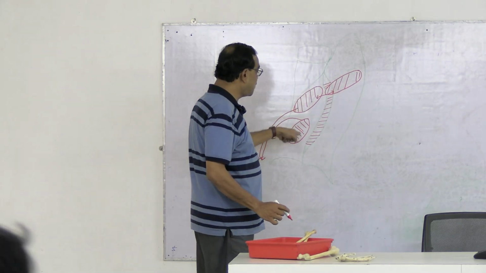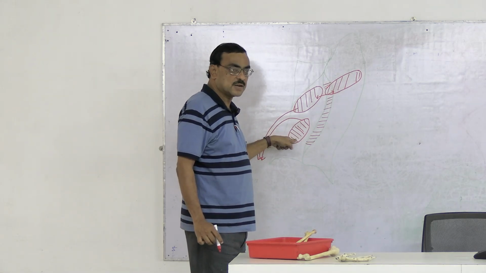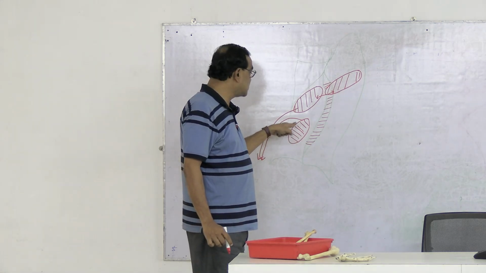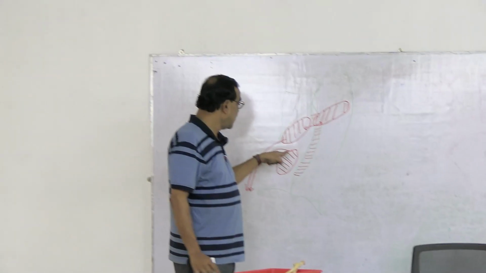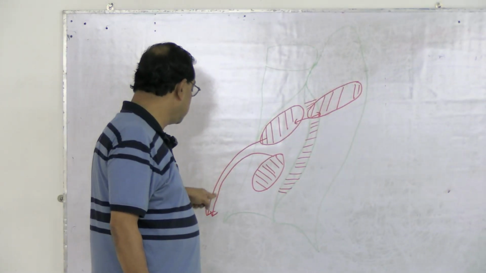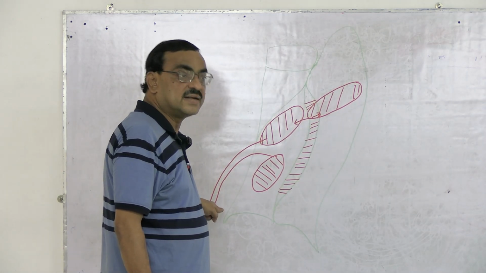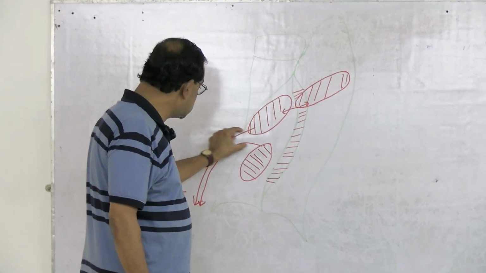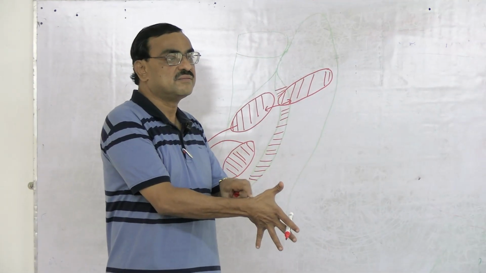So from the lower part of the radius, on its posterior surface, another muscle will take origin, and it will turn into a tendon, and these two tendons remain.